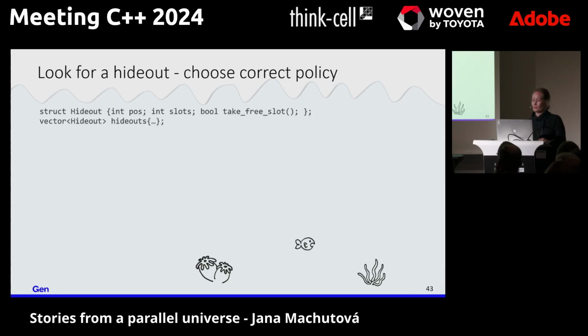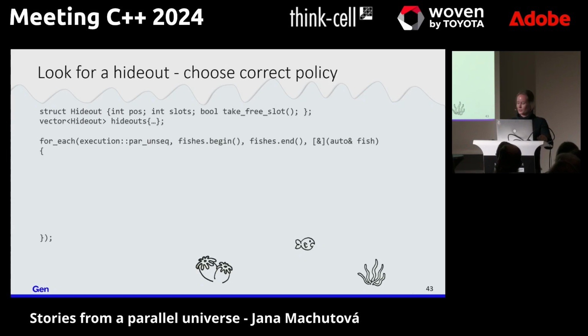So another one. We have hideouts. If the shark comes, the fish may hide somewhere. The hideouts have their position and some slots, how many fish can fit in there. So our fish are running away from the shark. They select the nearest hideout, the closest one, and they swim there at some speed.